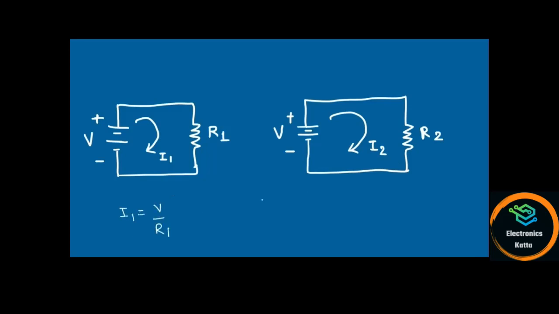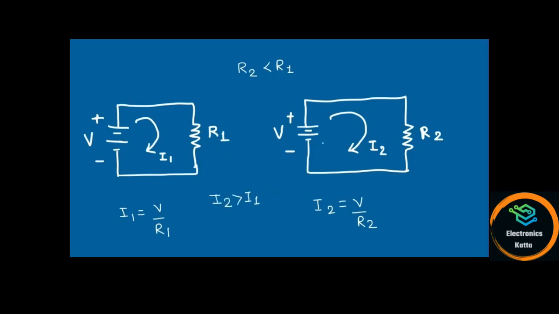In the second circuit, I2 is equal to V divided by R2. Now here the resistance R2 is less than R1. So more current will flow through the second circuit as the value of resistance is less. But in the first circuit, as the value of resistance R1 is more, less current will flow. So for both these circuits, I2 will be greater than I1.